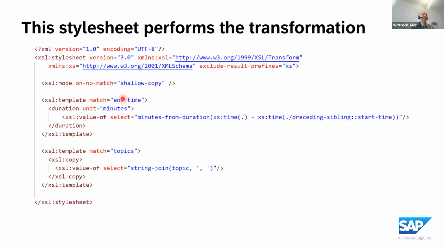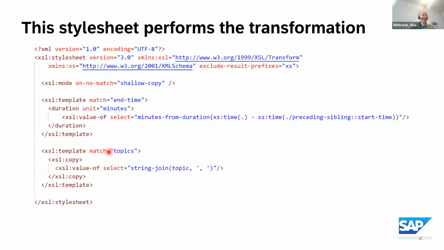So in this case, the end time element is consumed, and we add this duration element instead. And here we do some XSLT and XPath magic to calculate that duration in minutes. XSL value-of is a real workhorse here for computing values and then inserting them into the output.